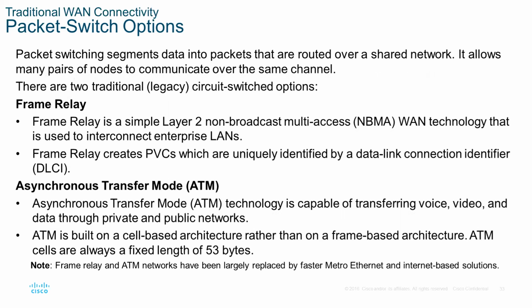Packet switching came in frame relay and ATM. Now, generally speaking, frame relay was generally used for 2 meg links or below, and they used a permanent virtual circuit that identified the various connection points, and they used a data link connection identifier to identify each of those links.